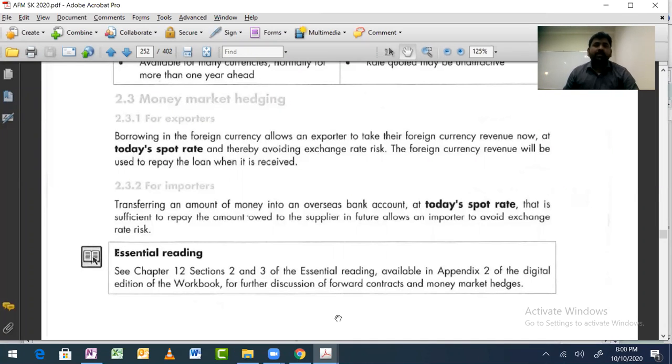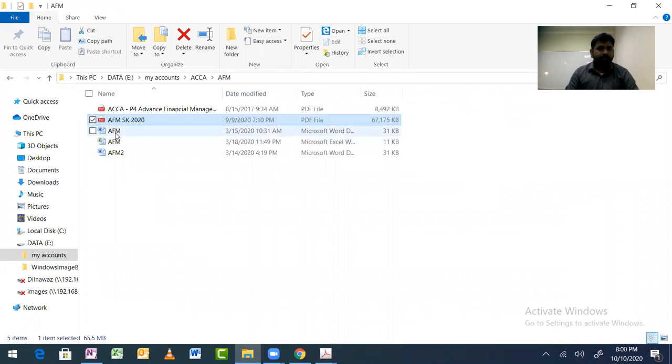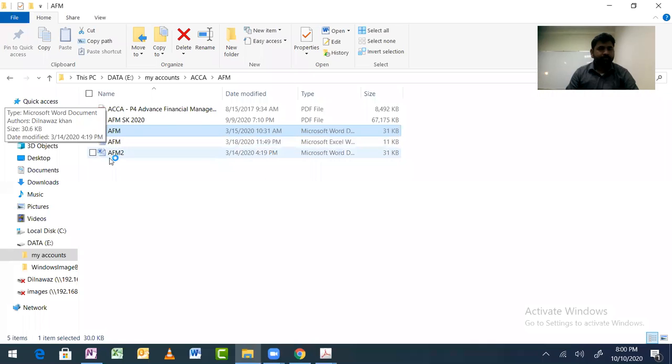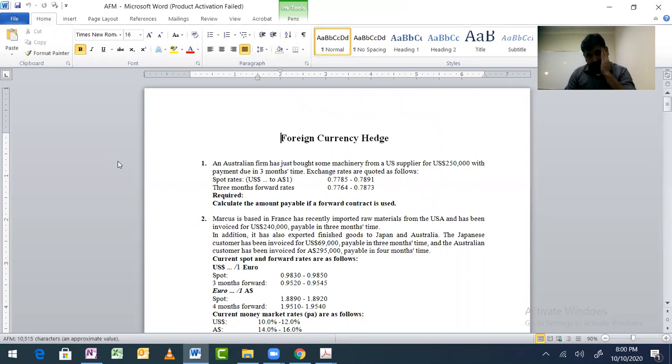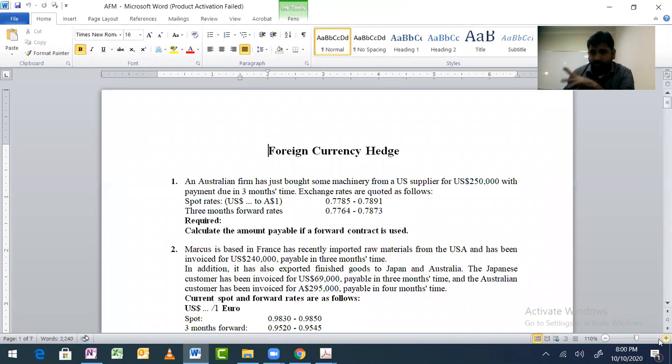I think I have one question which I can give you right now. Money market hedge. Now I will give you this file. I'll send this file, but not now, not today.